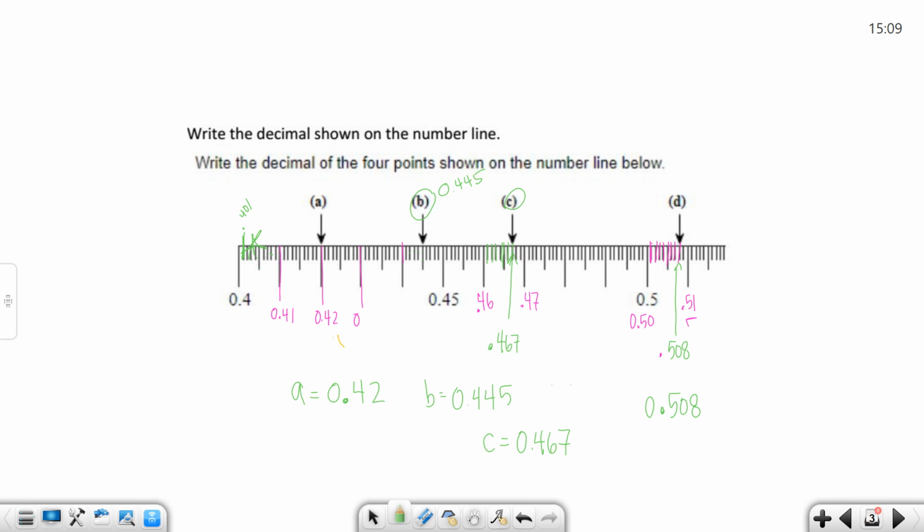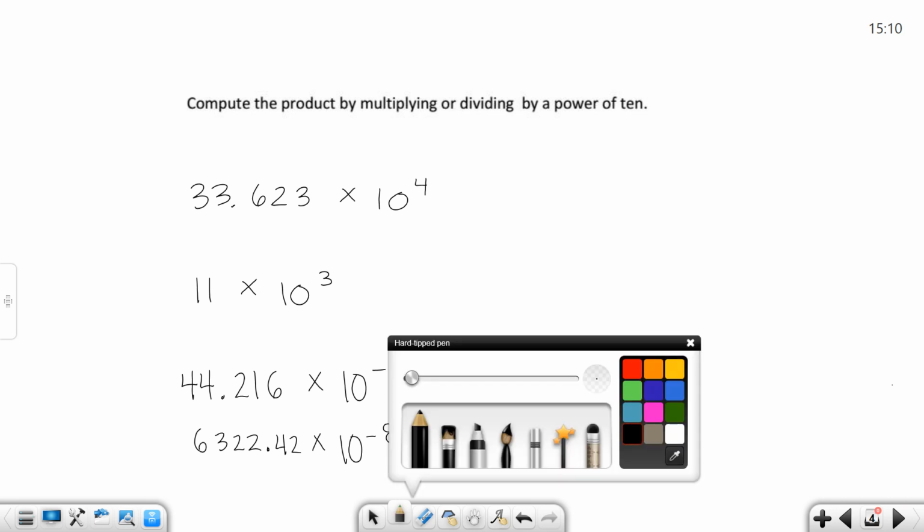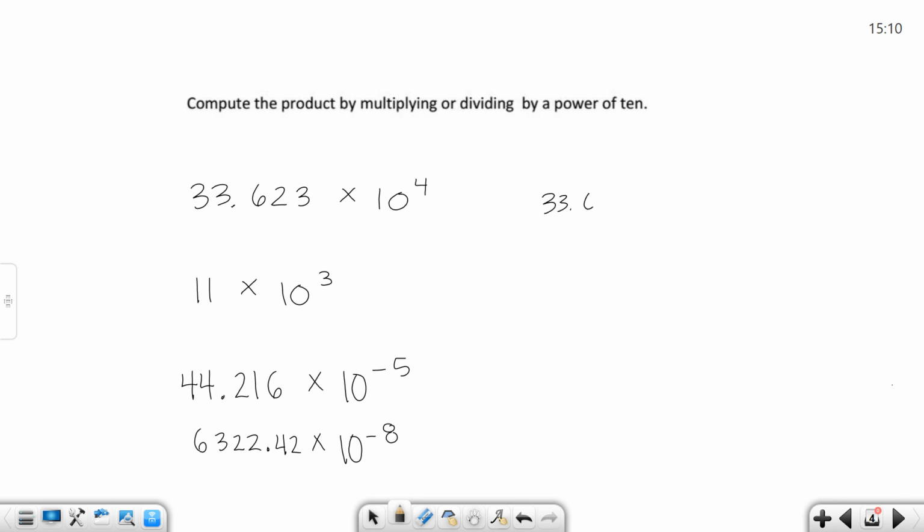All right, so I told you earlier about the powers of 10 and how that told you how many zeros you have. Well, multiplying by powers of 10 is also very easy because all you have to do is move your decimal over. So if you see this first one, it is 33.623, and I'm multiplying by 10 to the fourth, which is actually 10,000.